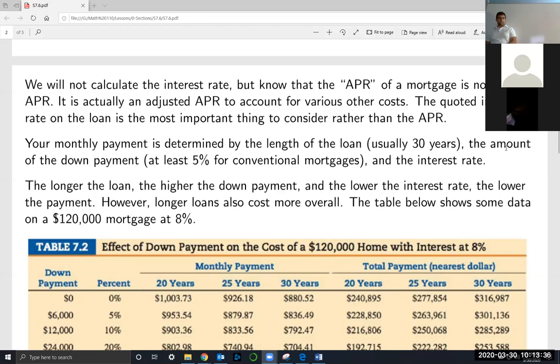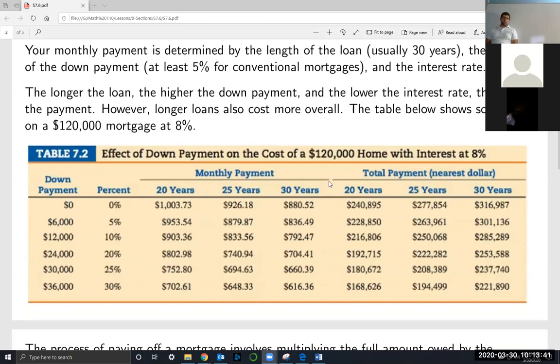So that's the other thing to consider: yeah, your payment might be smaller, but if you're paying it over 30 years as opposed to 15, then do the math and it adds up very quickly. So this shows some data for a $120,000 mortgage at 8%. With zero down payment over 30 years, your monthly payment is $880, but your total amount paid is almost $320,000.